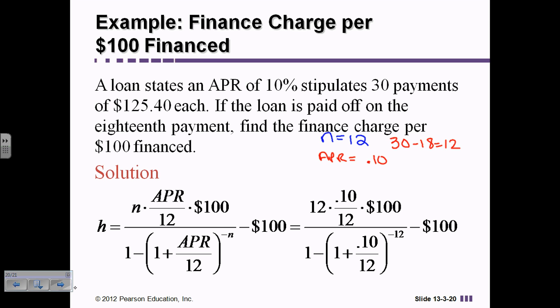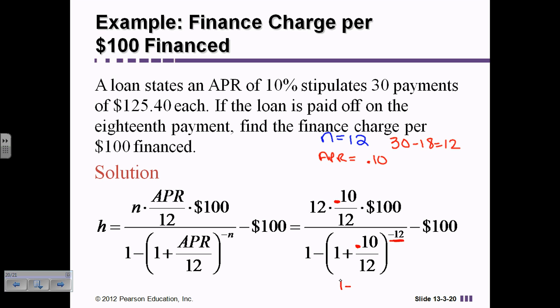Okay, so plugging that information into our formula, 12 is N, 0.10. Pay attention, there's a decimal point there, that's not a mistake, 0.10, 12, $100. The APR again is 0.10, 12, and you'll notice right here the exponent is a negative 12. This is very important when you're putting it in your calculator.